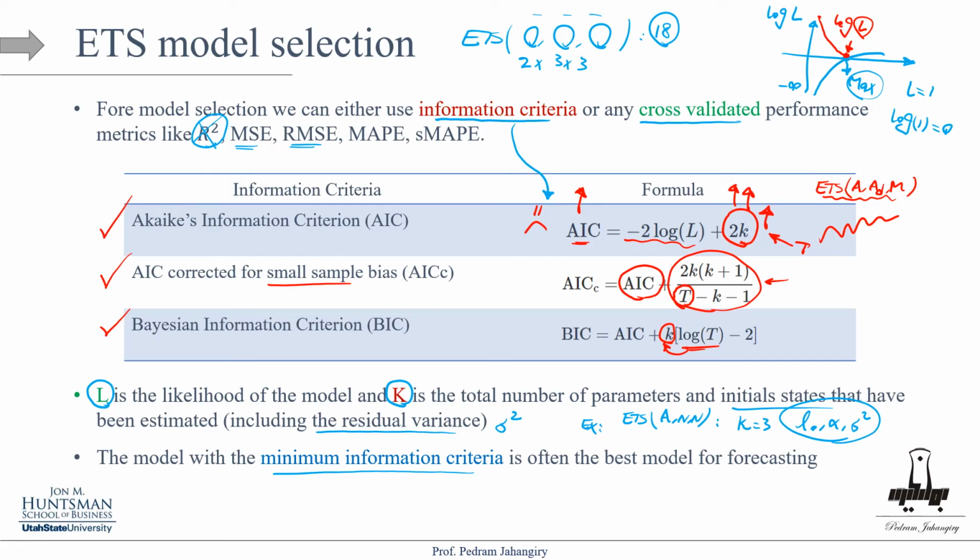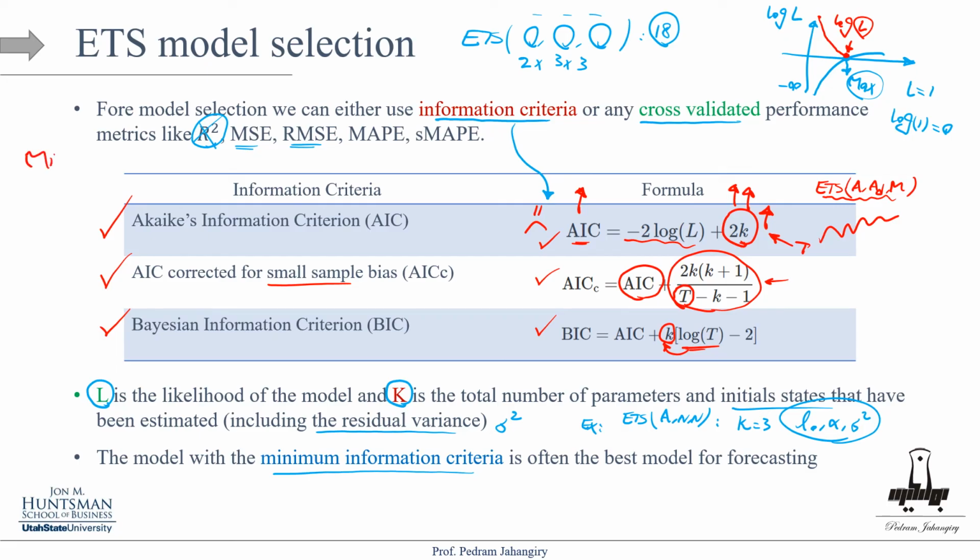So again, we can use either of them. I think by default for model selection, the scikit-time is using AIC, but again, depending on your use case, your sample size, or if you want to be more restrictive, you can use BIC as well. So at the end of the day, you have a metric.